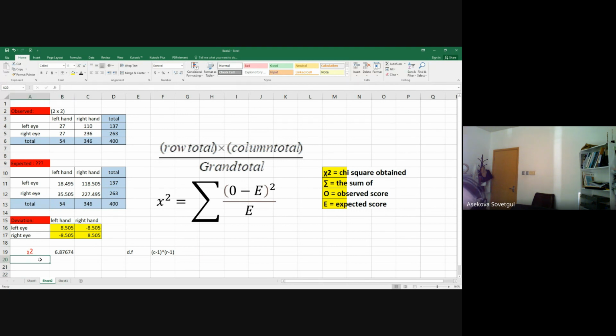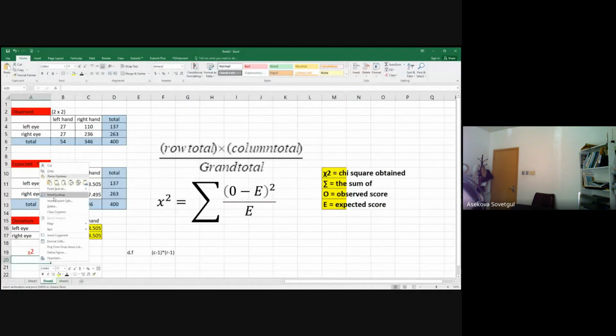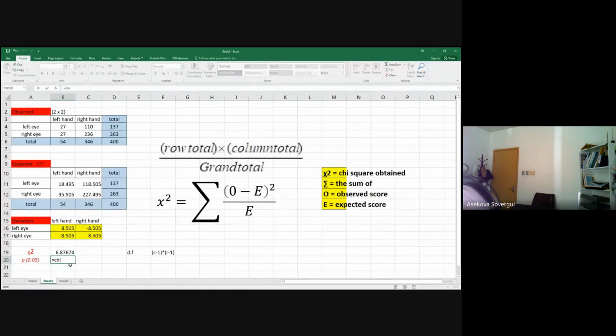Similarly, let's find the probability value. Once we obtain the chi-square obtained value, it is very easy. It is very easy. We use the second option, CHISQ.DIST.RT.